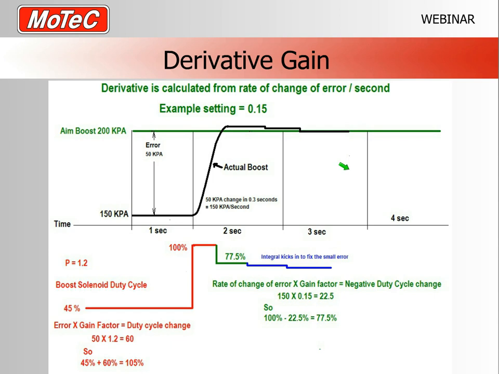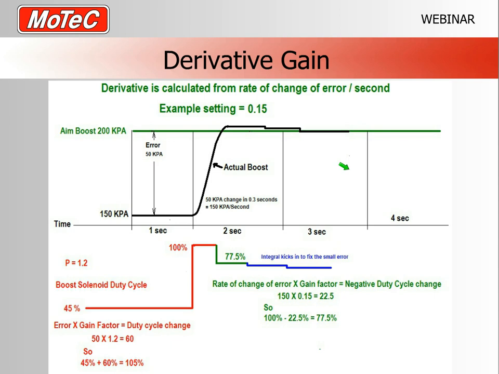So the calculation is 150. Now I get that 150 from 150 kPa per second. If we look here, I've put some time lines here. So this is 1 second, 2 seconds, 3 seconds, etc. So this is a second in time in this example.